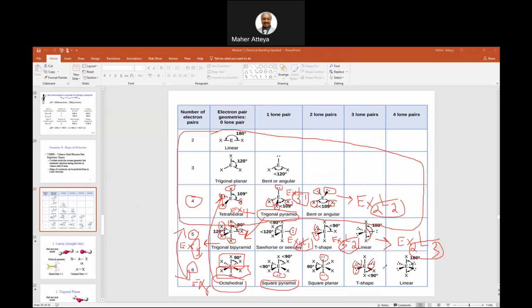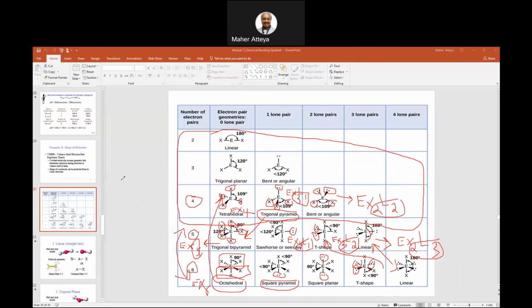So this and this are the same, like the T shape of the 5 zone. Here you have 6 zone, here is 5 zone, T shape. And here is the same, linear, if you replace with 4 lone pairs.